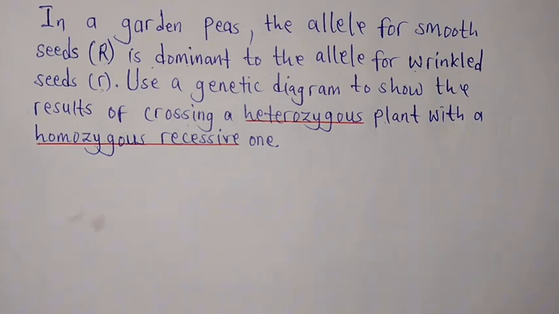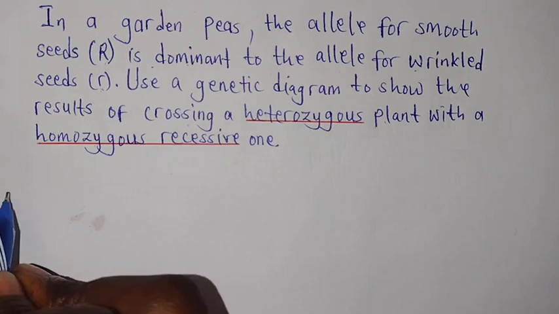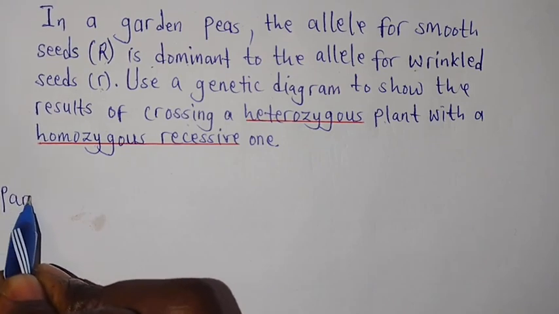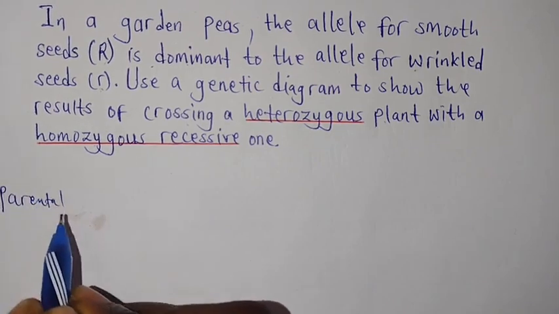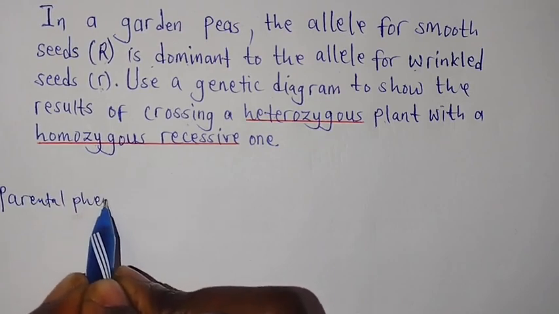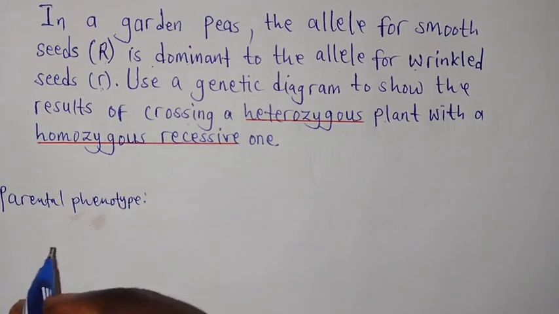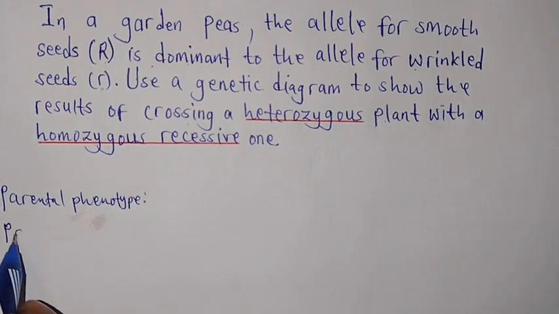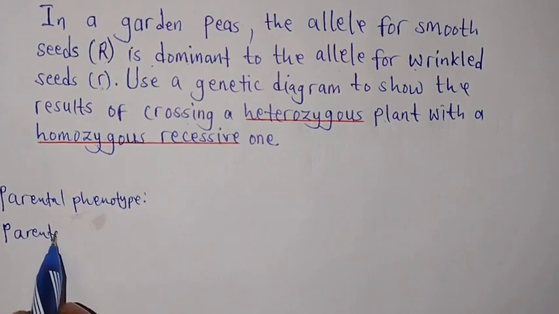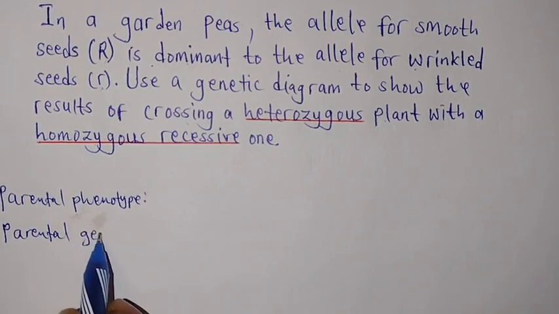How can we come up with a genetic diagram? Remember, your genetic diagram must consist of 5 stages. Stage 1 must have the parental phenotype. Stage 2 must have the parental genotype.